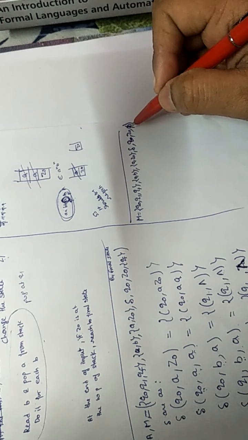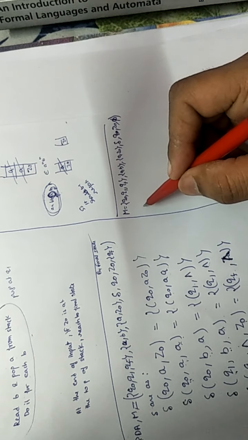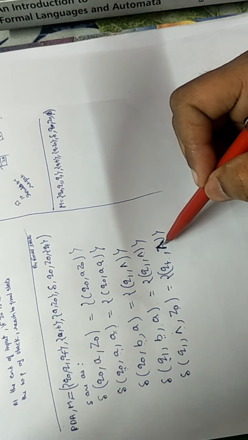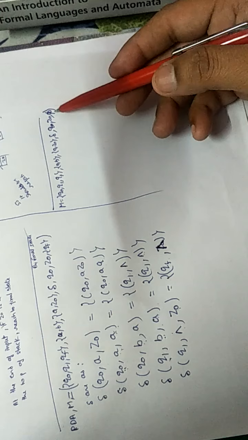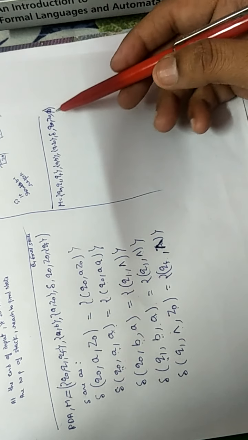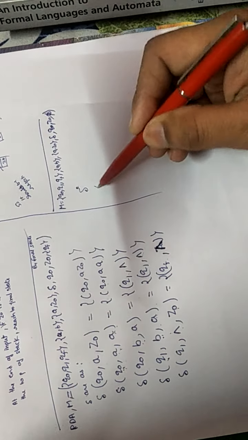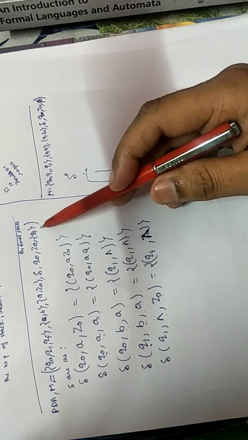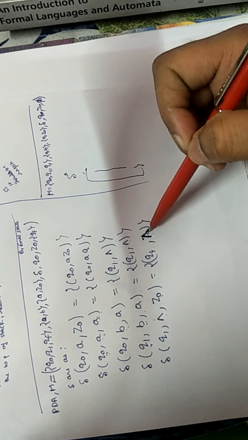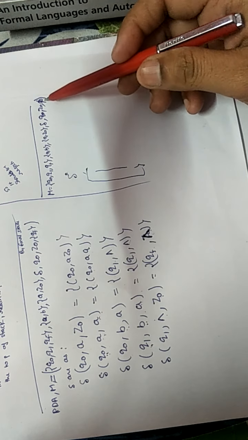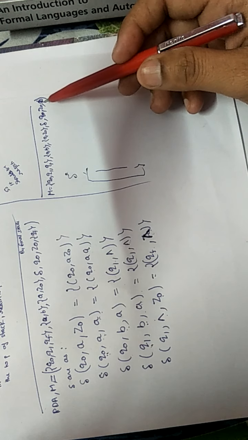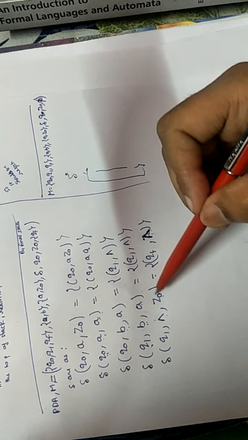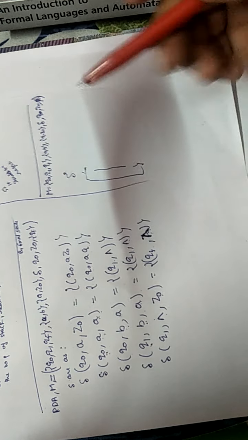We will not mention a final state, and the transitions will be the same. Everything will be the same because we are making the stack empty here. In acceptance by final state, you can leave Z0 here, but in acceptance by empty stack, you must mention phi here and you must pop Z0.